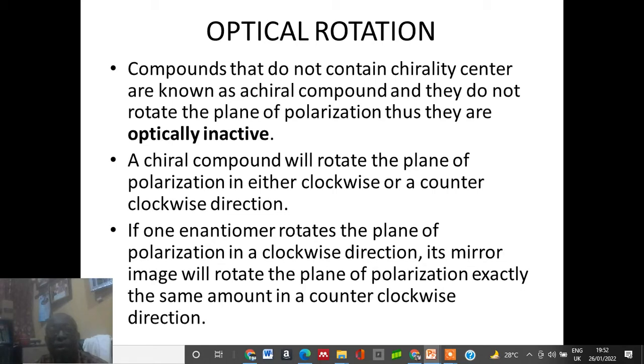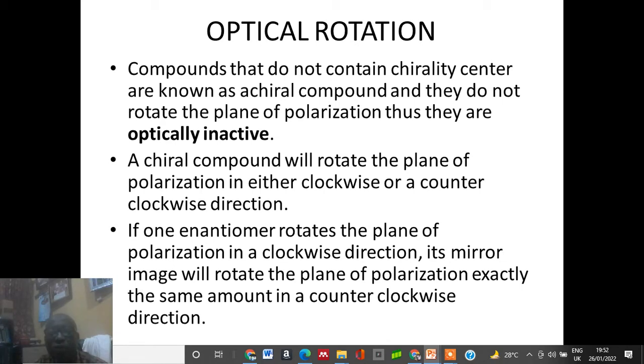A chiral compound rotates the plane of polarization in either a clockwise or a counterclockwise direction. If one enantiomer rotates the plane of polarization in a clockwise direction, its mirror image will rotate the plane of polarization exactly the same amount in a counterclockwise direction.